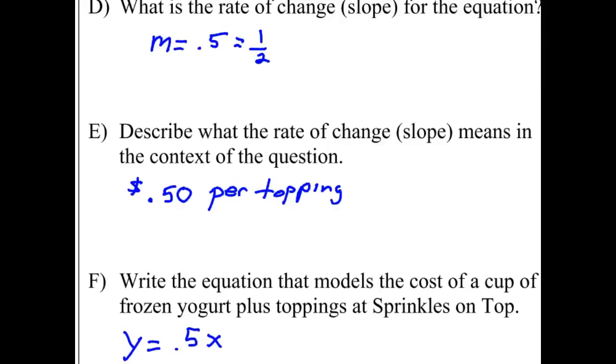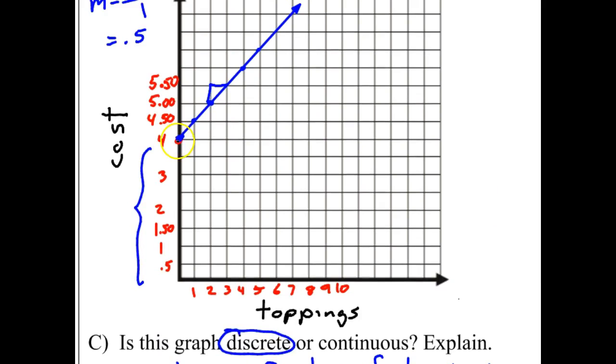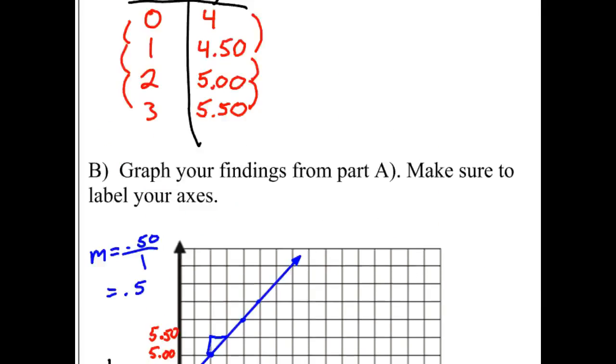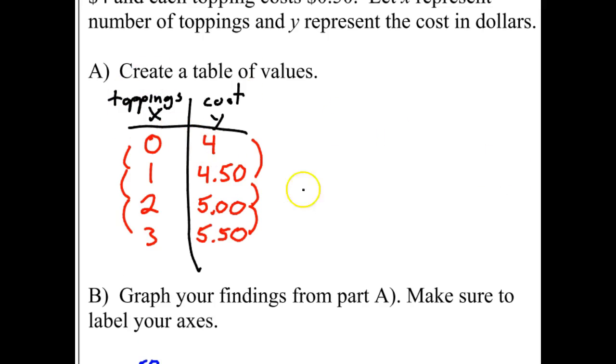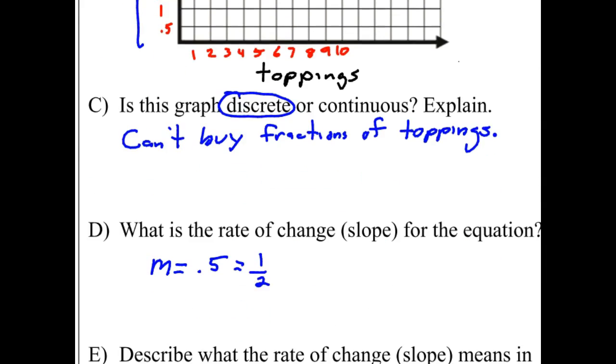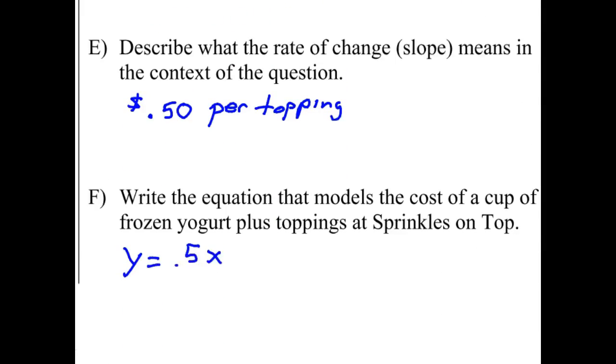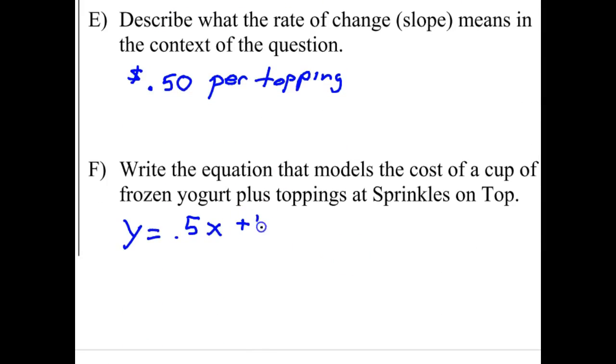If you want to go back, remember we started at 4 because that was the cost of the frozen yogurt. We also have that here, started at $4. So here our cost, at the very minimum, is going to be $4 with no toppings. Start at $4. And again, if you wanted to make the 0.5 1/2, that's fine as well.